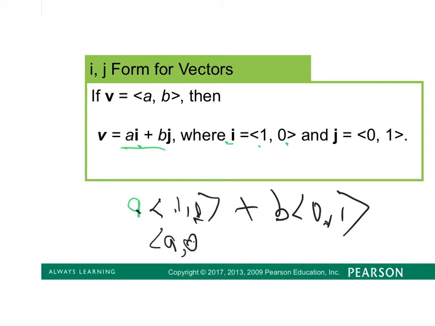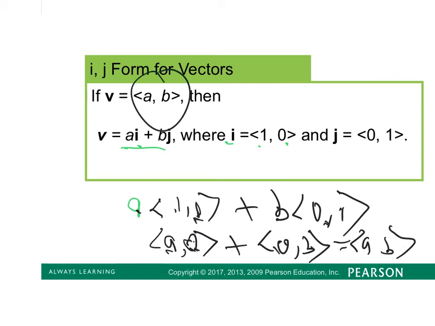So that's vector a, 0. Plus b times 0 is 0, b times 1 is b. Add the two vectors together. a plus 0 is a. 0 plus b is b. Da-da! The same thing that we started out with. So you are allowed to multiply your scalar, your horizontal magnitude, your vertical, times a unit vector to get back to the same vector that I did before.